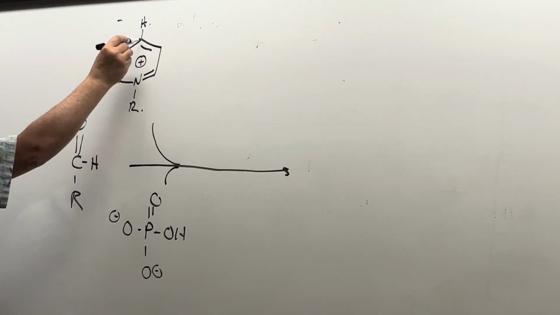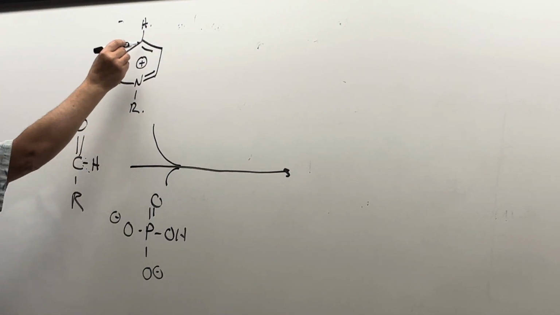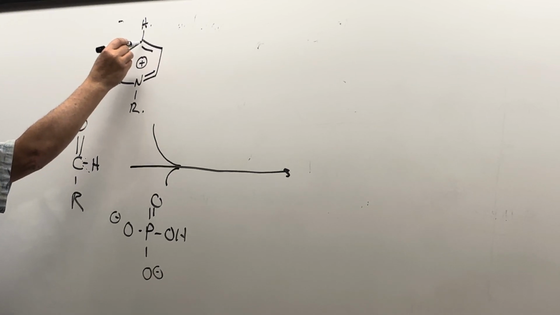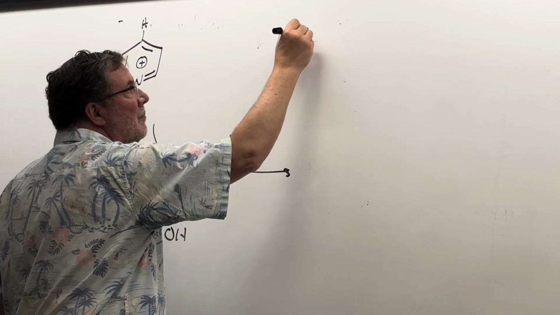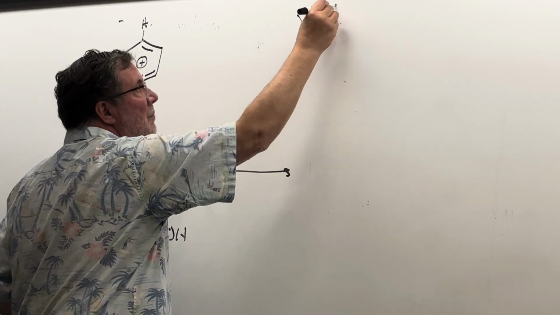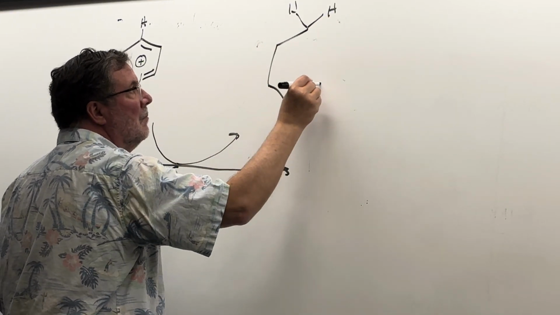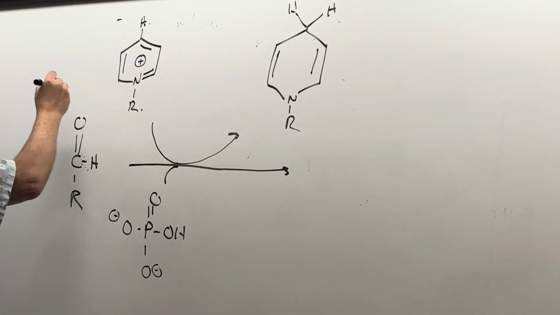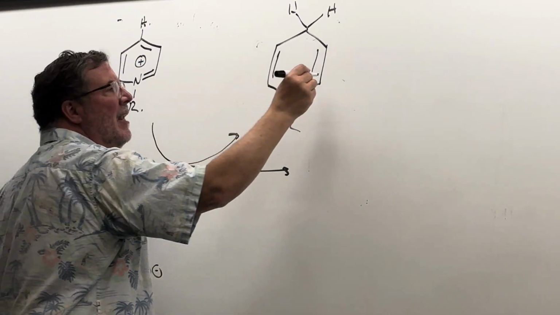And what we want to look at is this carbon right here. Because we're basically going to take this hydrogen and these 2 electrons and move it to reduce this carbon right here and make this carbon more reduced. So this is our NAD+, and then this is our NADH.